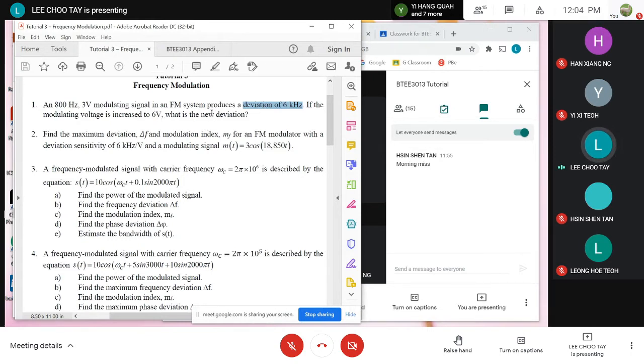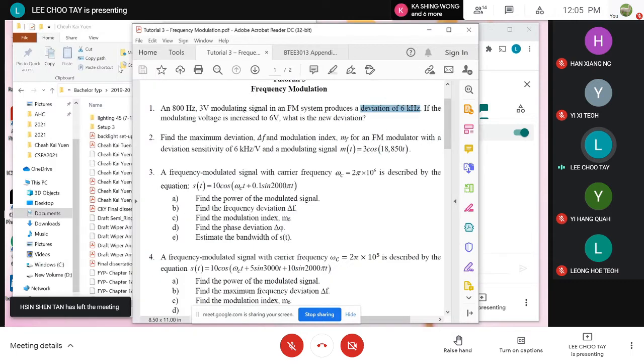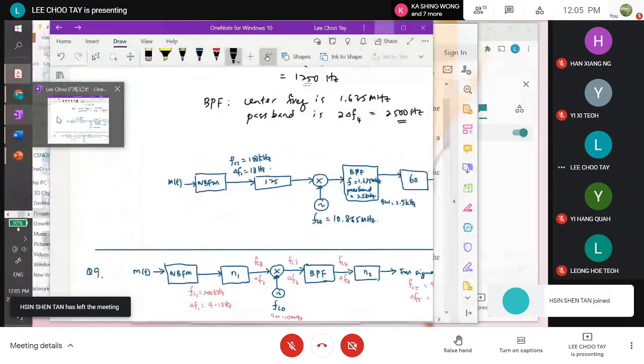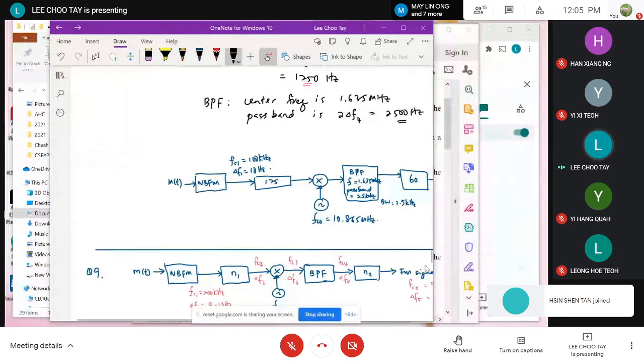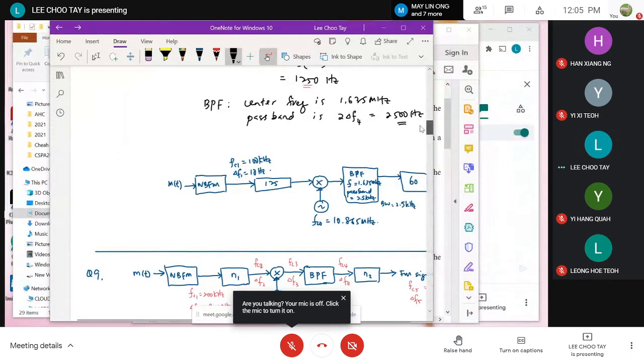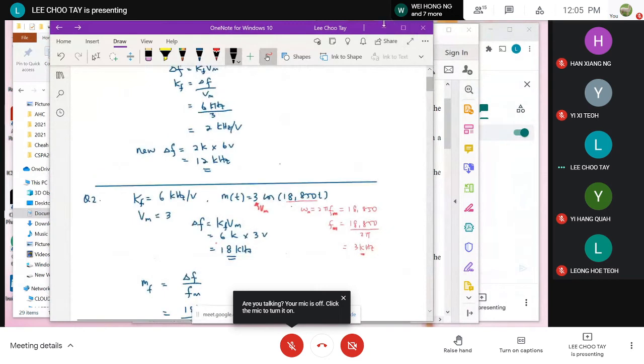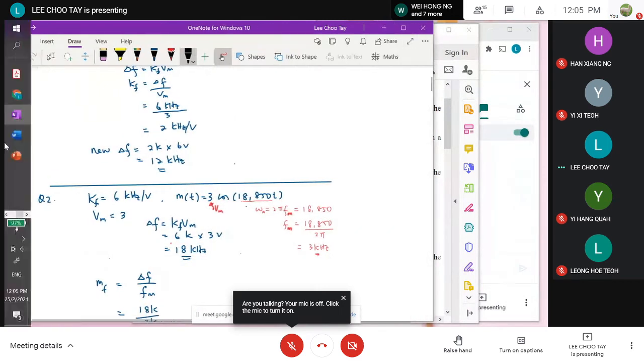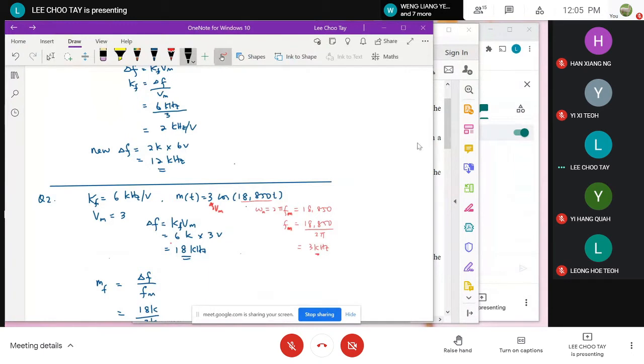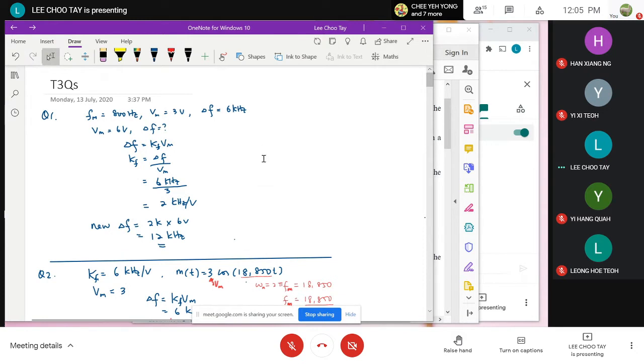All right. So to do this question, we just use the equation delta f equals Kf times Vm, isn't it? Then we have to identify our Kf. Okay, so identifying our Kf from the information given in the first line.